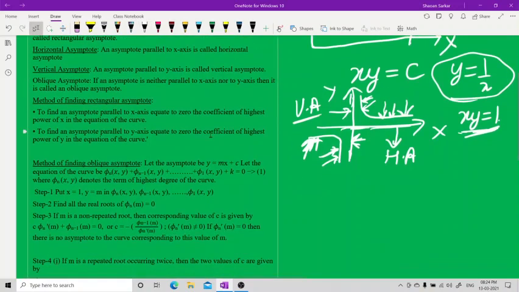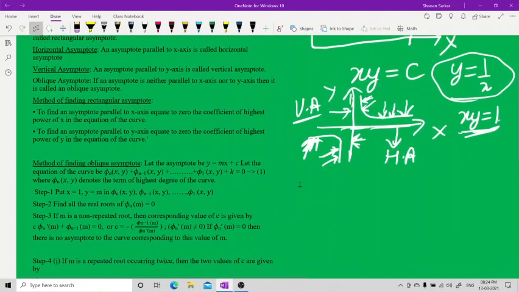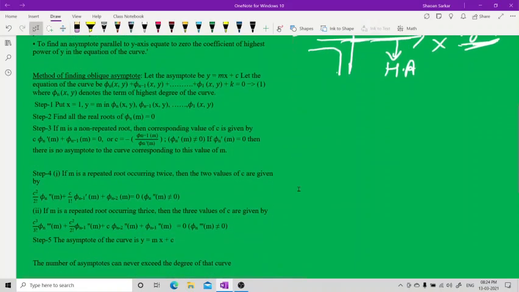Now let us see one more example, one more figure like this. Let me rub all this. Okay. Now you have understood what is the vertical asymptote and what is the horizontal asymptote in this example. Let us see one more figure. Here it is your x-axis and here it is your y-axis.